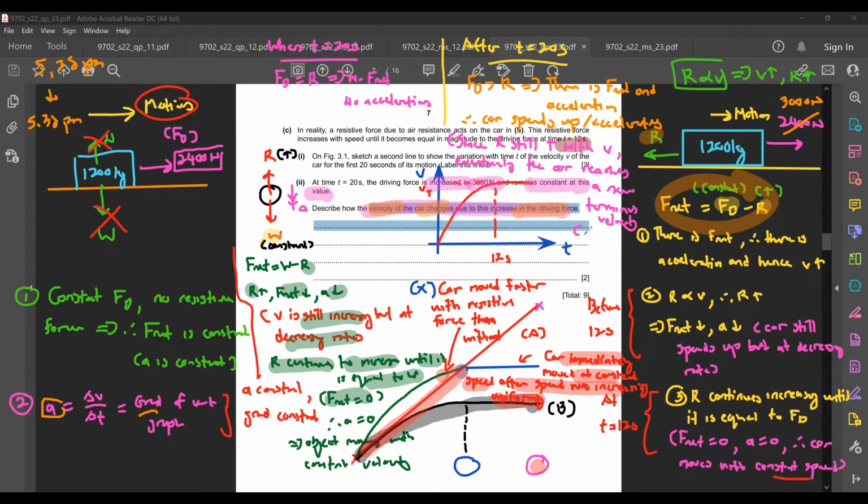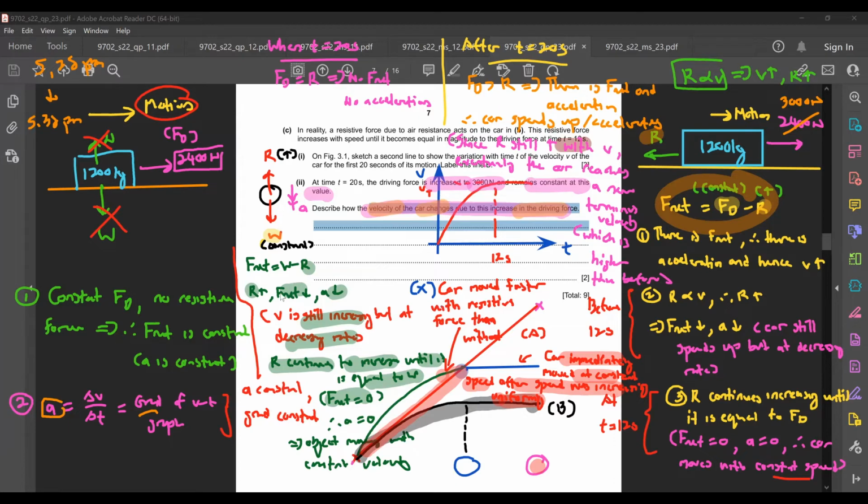You will now reach a new terminal velocity, which is higher than before.